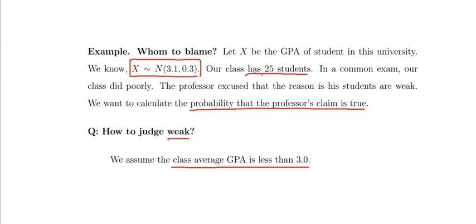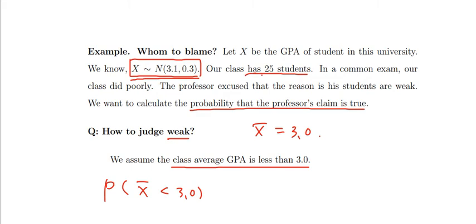So we need to find this probability: what is the chance that the class average is less than 3.0? Suppose in our class the average GPA is only 3.0, but for all other students the average is 3.1, right?